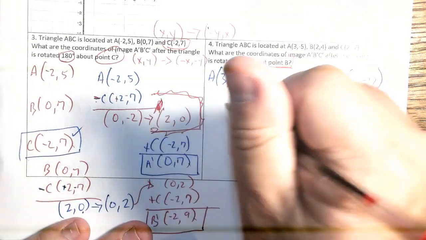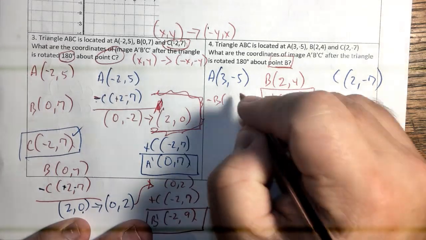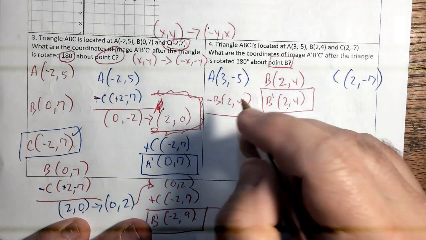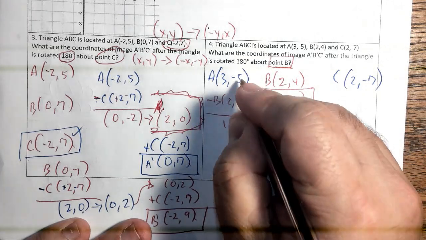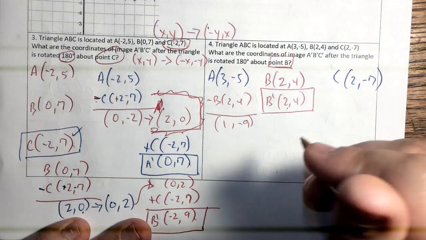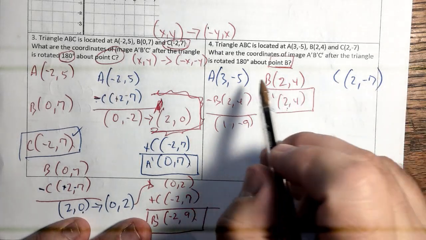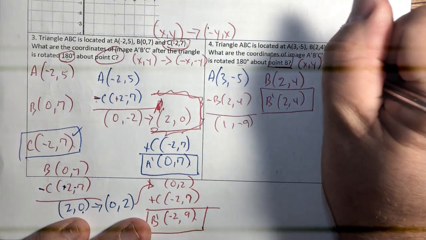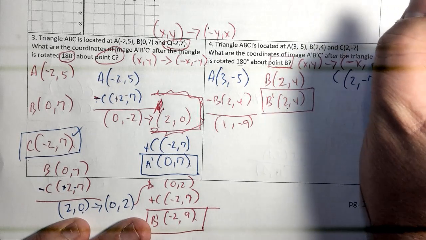All right, so the first thing we're going to do is subtract B. B is 2, 4, so it's subtracting 3 minus 2 is 1. -5 minus 4 is -9. Our coordinate rule for 180 degrees, x comma y, -x comma -y.